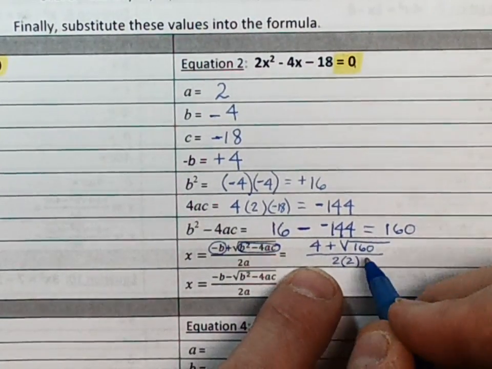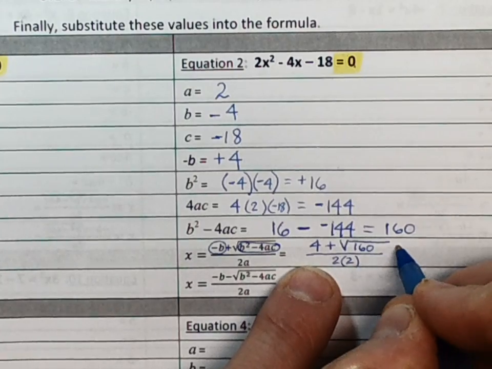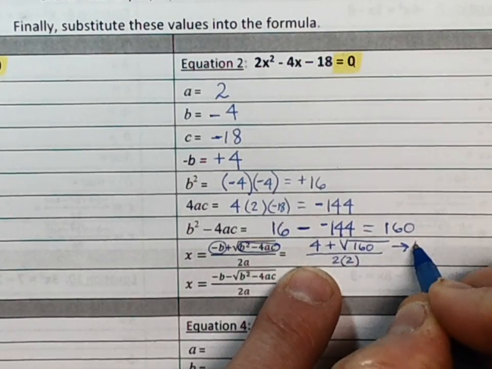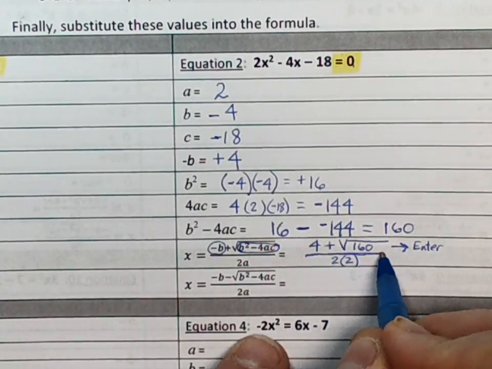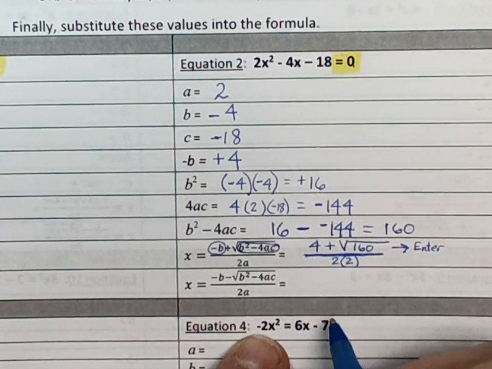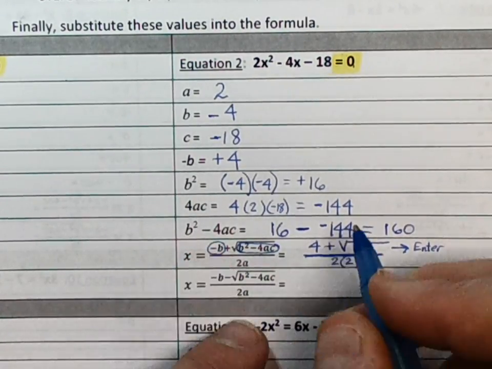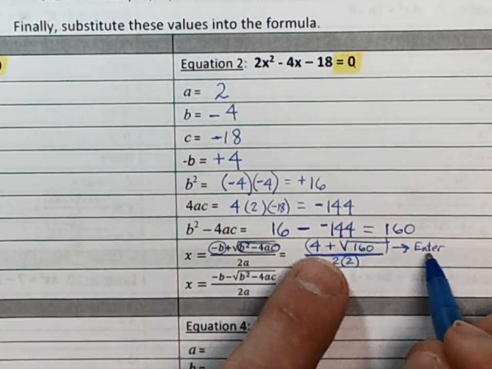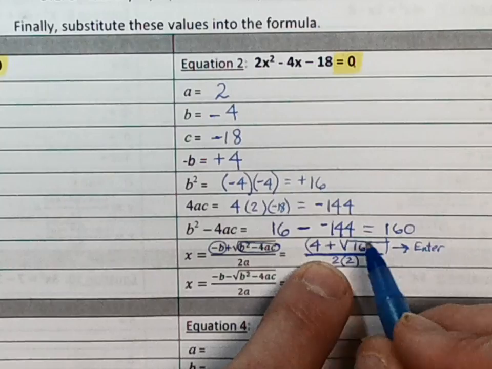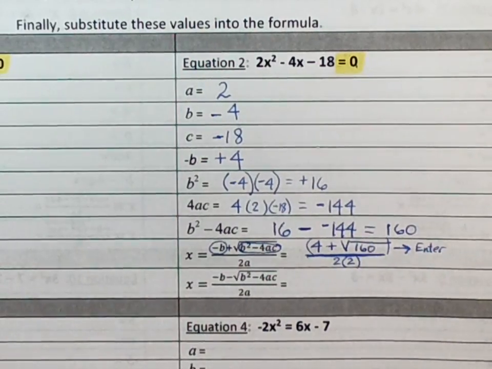Now, I want you on this example, after you type in the top, I want you to press enter, because this fraction bar is a grouping symbol. It's like parentheses. Alright, so you can either put the top in parentheses, or my fix is to always press enter after you do the top.